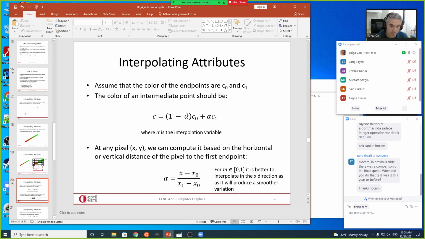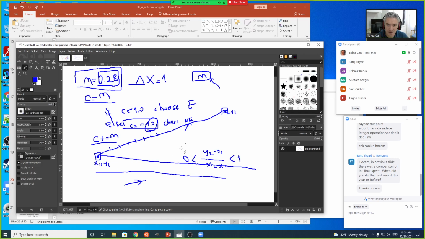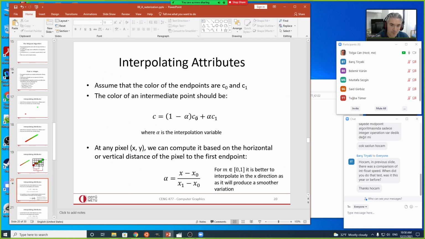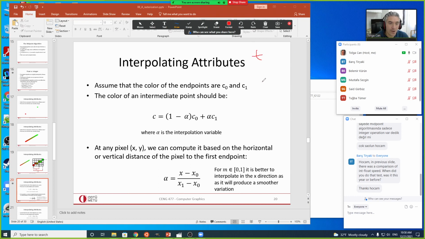So it's 1 minus alpha, just like we did with 1 minus t, an annotation that I drew, which is now erased, but I showed you this interpolation when Said asked this question about clipped lines having their colors interpolated. We used t, the intersection point parameter t, and I said 1 minus t times the first color and t times the second color. It's exactly the same interpolation here.